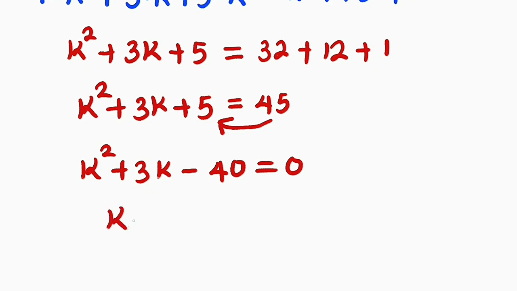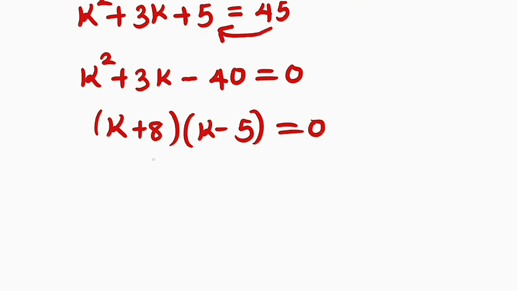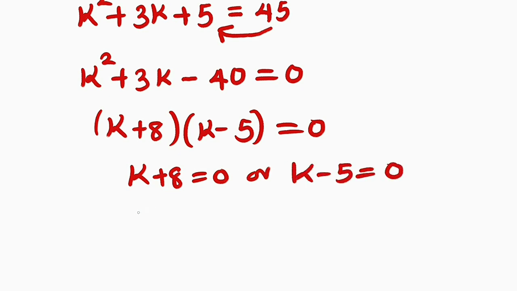So you have k plus 8, then k minus 5. This is equal to 0. Then you set each factor equal to 0, either k plus 8 equal to 0 or k minus 5 equal to 0, which implies k is either negative 8 or k equal to positive 5.